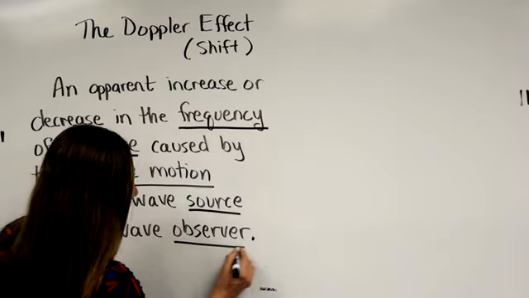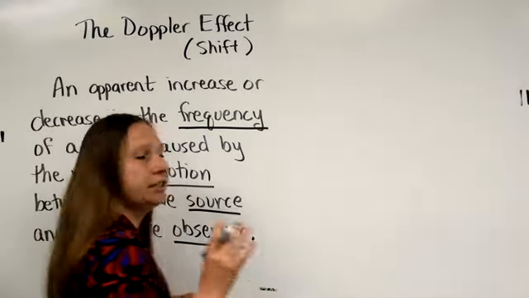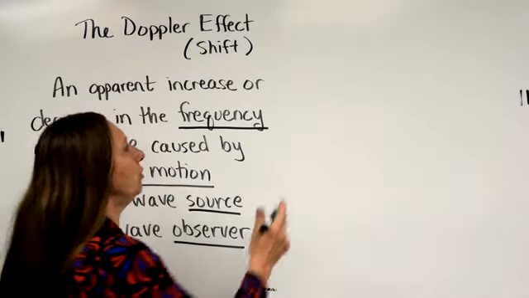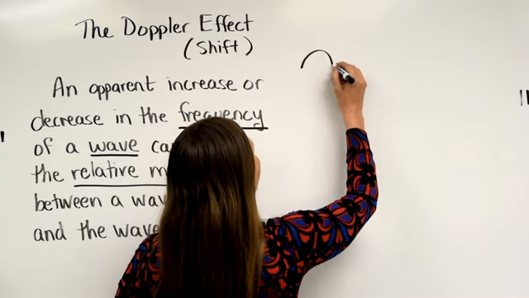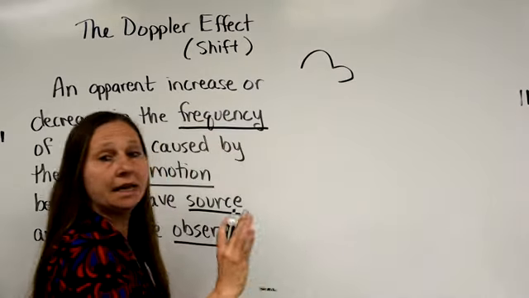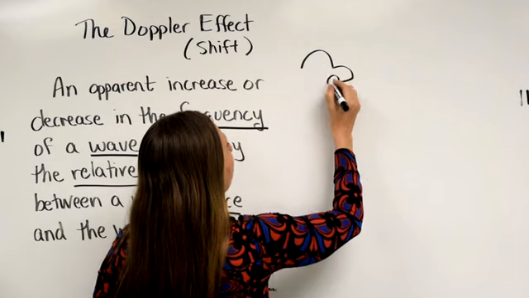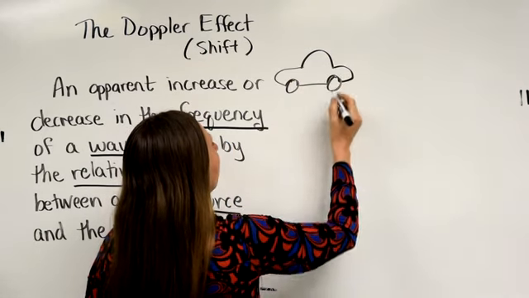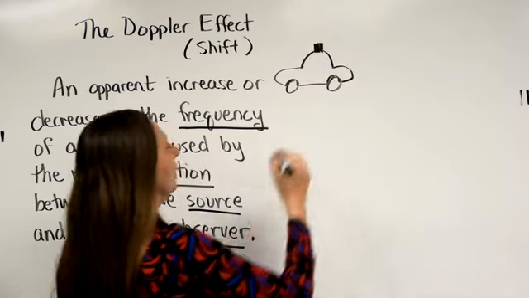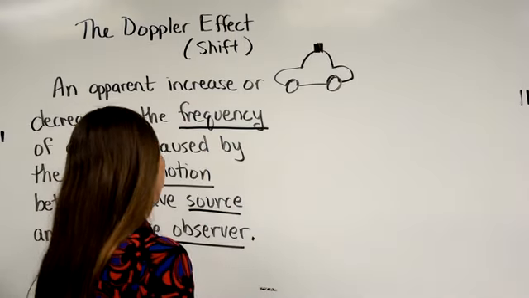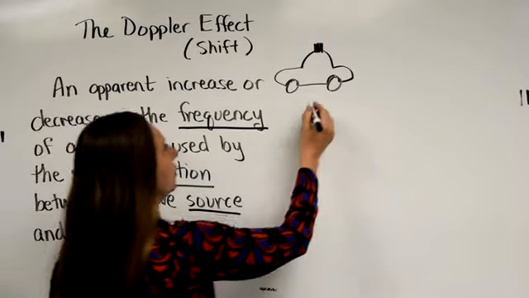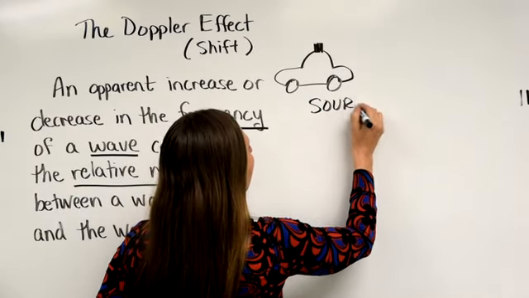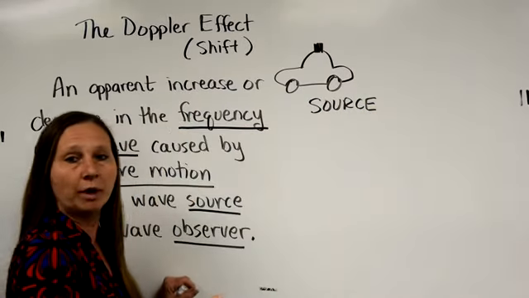Source, observer. A typical source of a sound wave would be a police car siren. This is going to be a terrible drawing of a car. Bear with me. Here's the car. There's the wheels. There's the siren up on top. The police car could be the source of a sound wave.